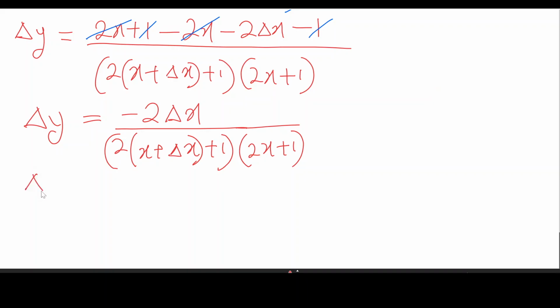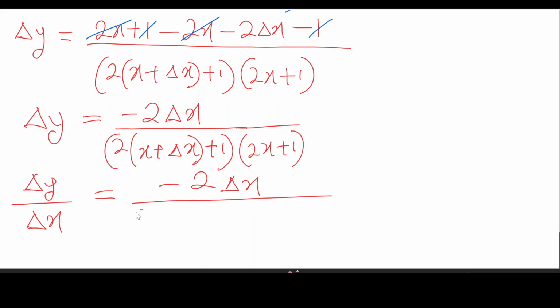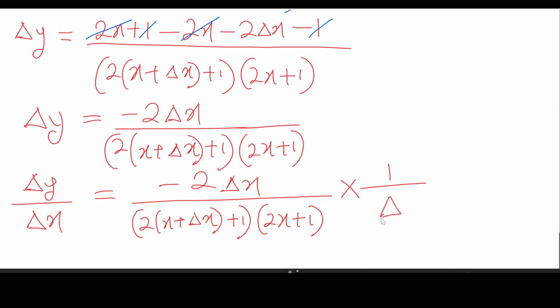So we have delta y over delta x. So dividing all through by delta x is also the same thing as multiplying by 1 over delta x. And that's what I'm going to be doing on the right hand side. So it's going to be equal to minus 2 delta x everything over 2 into bracket x plus delta x plus 1, and we have 2x plus 1 multiplied by 1 over delta x.